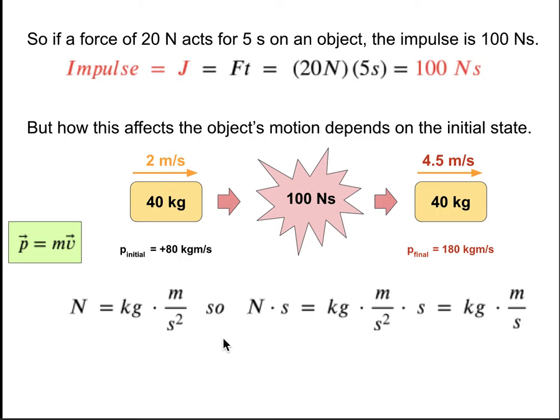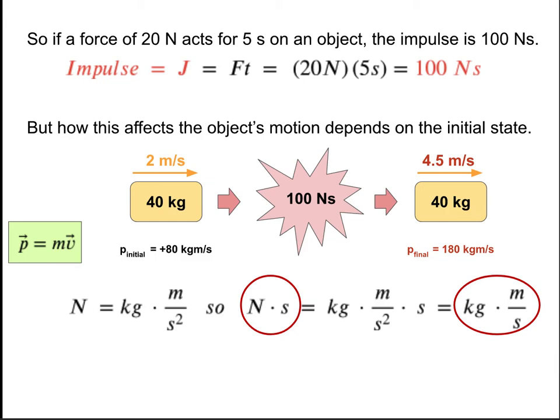So if we are working with newton seconds, we would want to take kilogram meters per second squared and then multiply by seconds. So one of the seconds will cancel out, and look at that. We are back at kilogram meters per second. So a newton second and a kilogram meter per second are really just two ways of describing the same unit. Just for impulse, we tend to use newton seconds, and for momentum, we tend to use kilogram meters per second. Either one is correct.